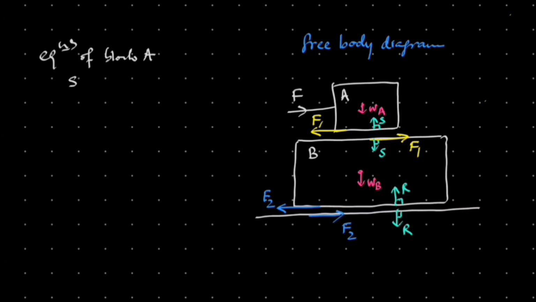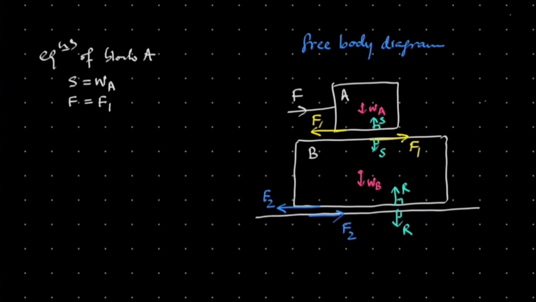Obviously the vertical forces should balance, so S has to be equal to WA. Horizontal forces should balance, so F has to be equal to F1. So you don't need any other arguments to do this. It's simply you mark the forces, then write for the equilibrium.